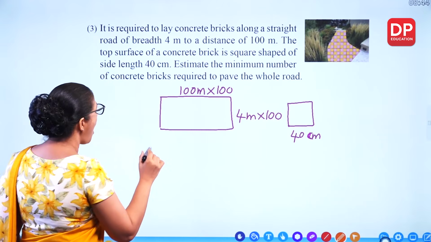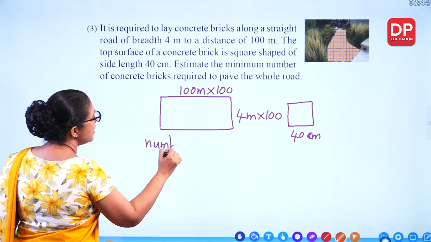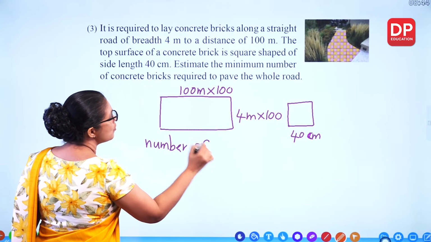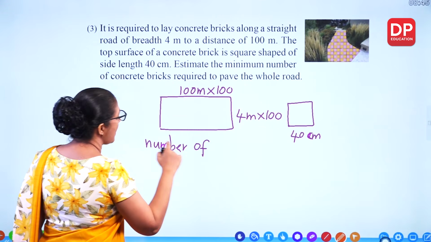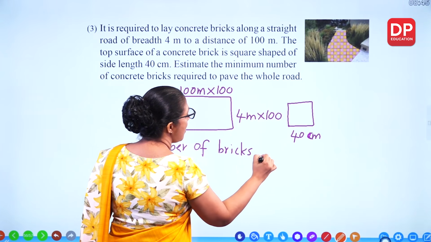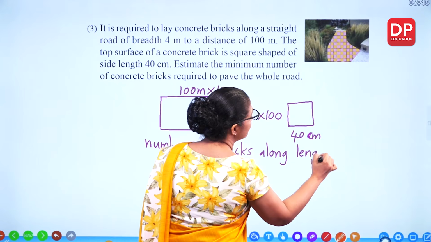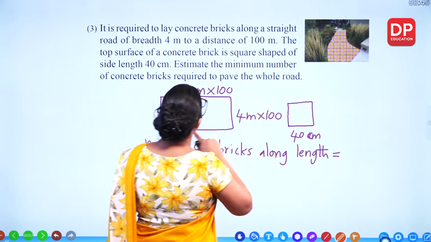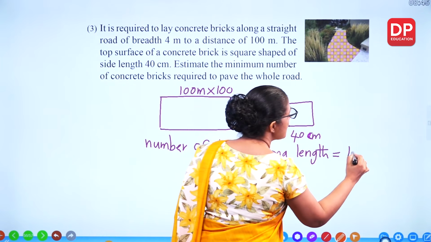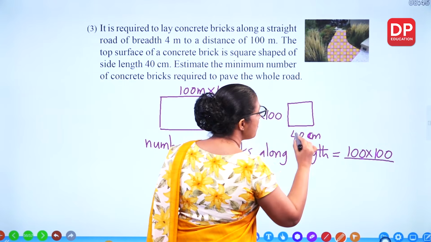Now see how many bricks you need to fit into the length side. Number of bricks along length. This is 100 times 100, that's in centimeters, divide by 40.